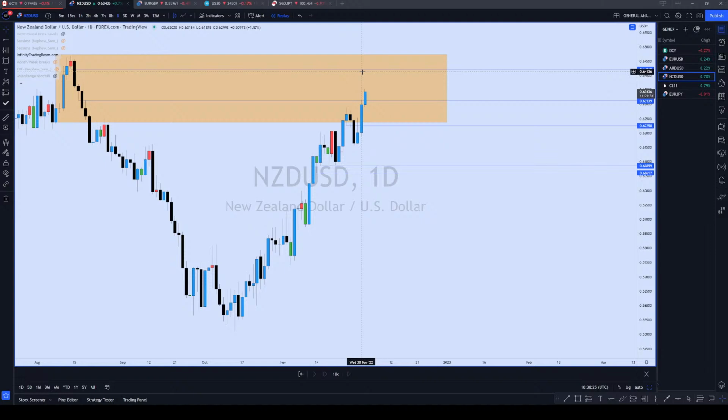So if price is going up, they will be willing to keep buying until price changes direction. So if it's going up, it might just keep buying and buying until it gets to a certain point. They feel like, okay, this is too high, let's change direction.